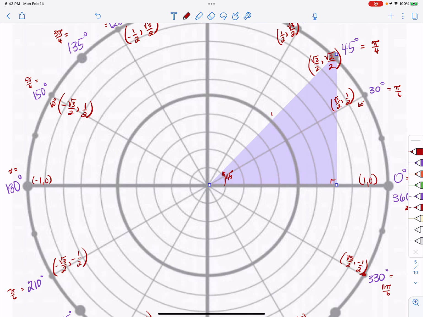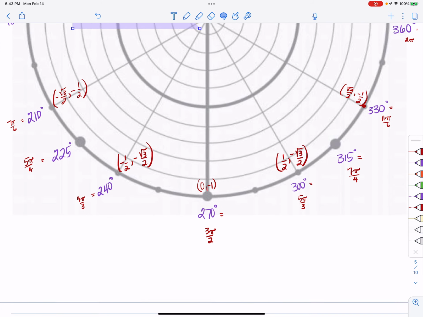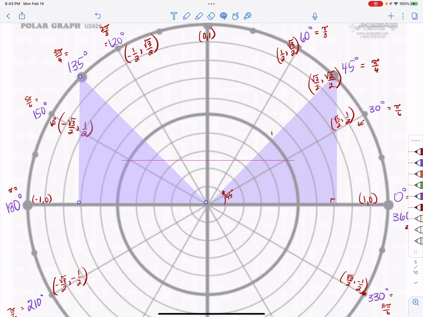And I could grab my other triangle here. We'll pull it up in the second quadrant. Again, another 45-degree angle. And once again, you'll see that I have both of the legs are the same length. So we're going to go to the left root 2 over 2, so that's going to make it a negative root 2 over 2. But then I'm going to go up the same distance, so that'll be a positive root 2 over 2.